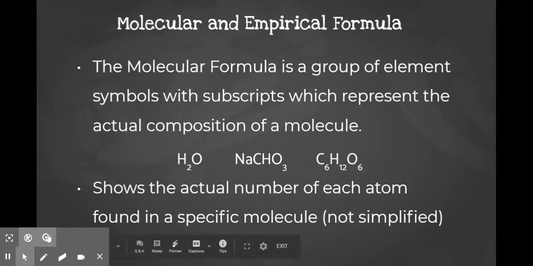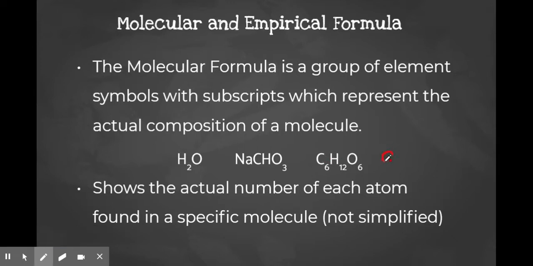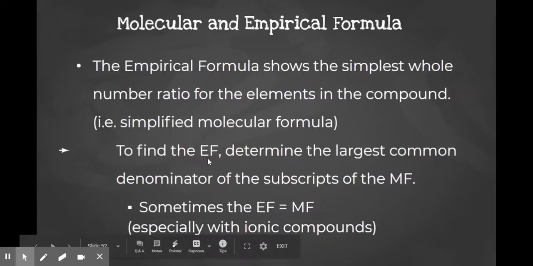If we divide all those by 6, we get CH2O. That's the empirical formula for glucose, with those numbers reduced to their lowest common denominator, or least common multiple. I don't know the terms. I just know how to do it. So that's the empirical formula.